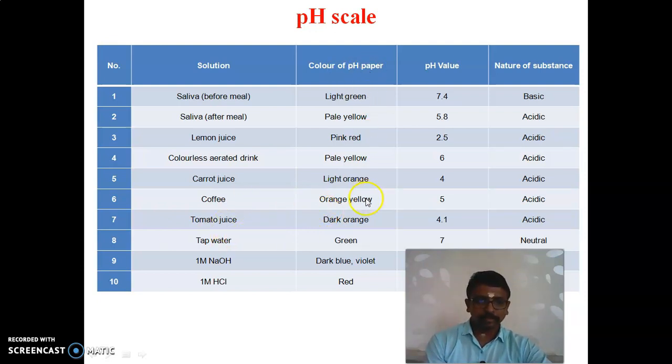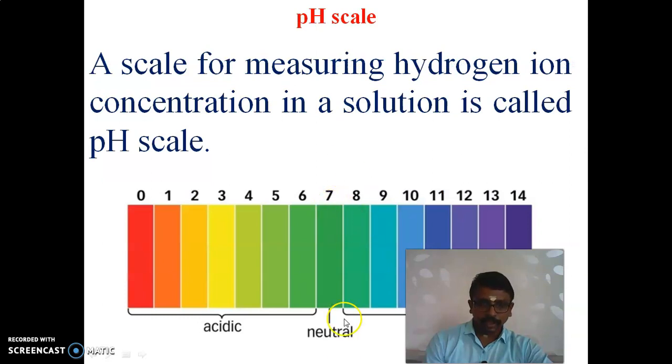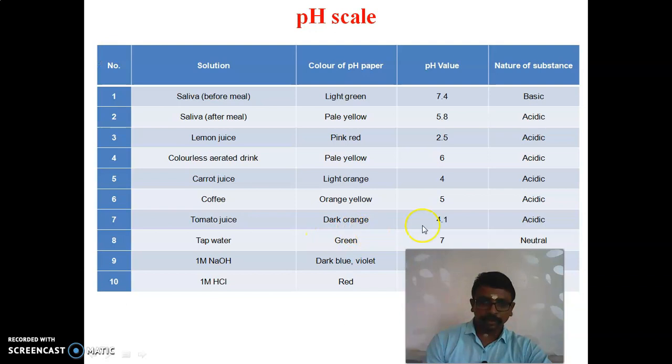The color of the pH paper will be dark orange, the pH value will be 4.1, and the nature is acidic. And next, tap water. The color of the pH paper is green, so the pH value is 7, which means it is neutral.